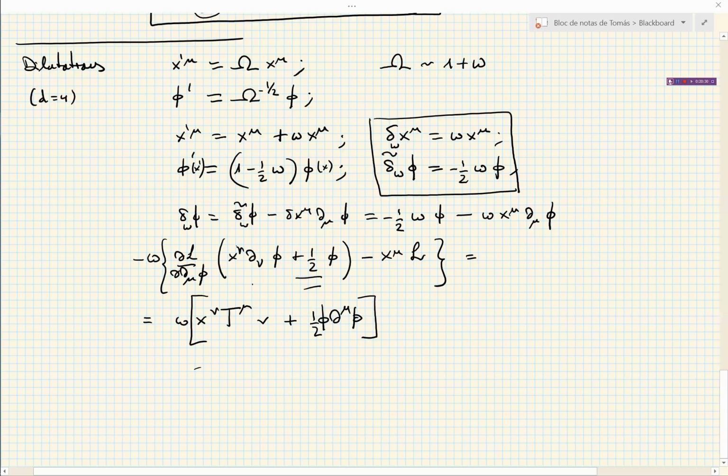So in this case the energy momentum tensor appears, but there is also an additional term which is sometimes called an improvement term. Sorry, actually this sign should be minus, and this thing is the current, the conserved current associated to the symmetry under the dilatations.